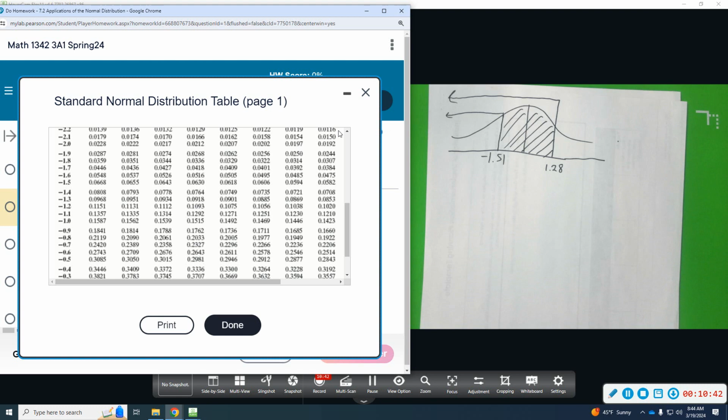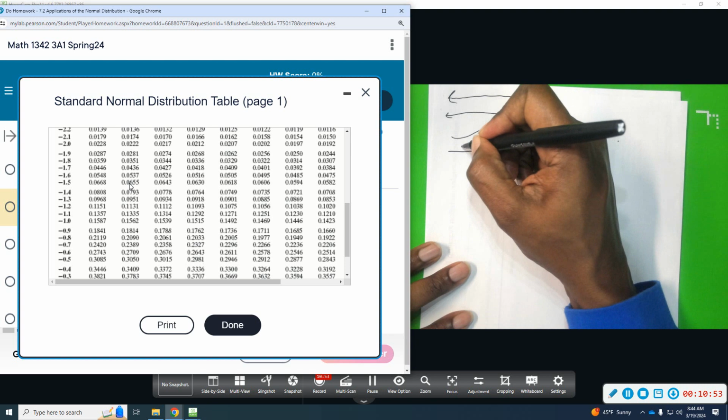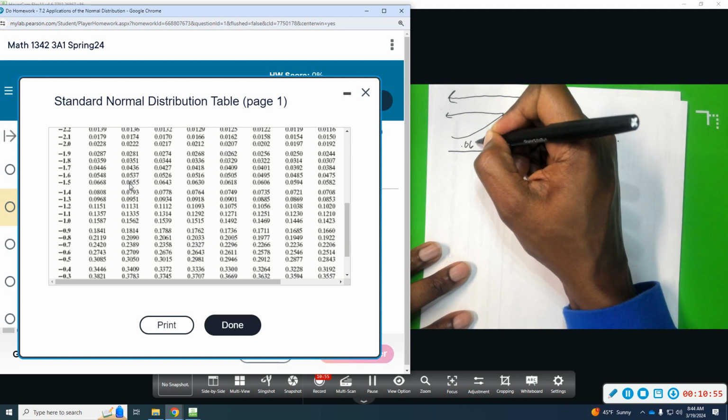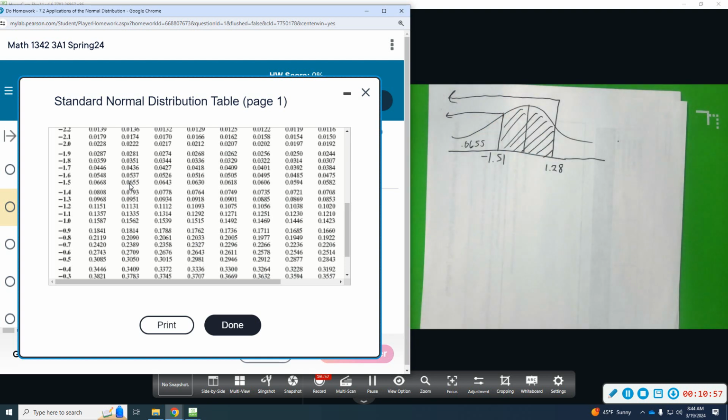So we're going to look up, since I'm already on the negative, let's go ahead and look up negative 1.51. So negative 1.51 is going to be 0.0655. All right, so that's 0.0655. All right, we're going to look up 1.28.